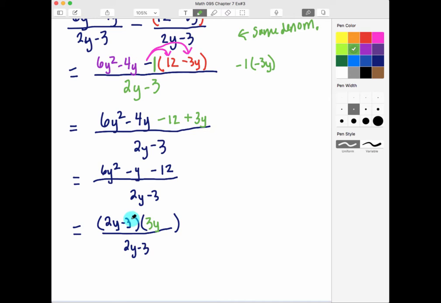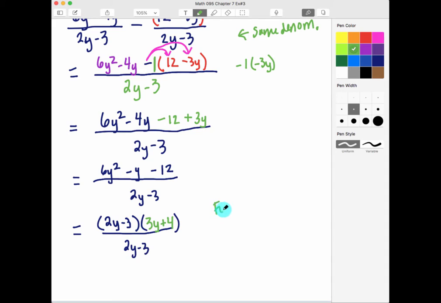If there's a negative 3 in this set of parentheses, how do we get to negative 12? Well, I multiply that by a positive 4. Now, if I didn't have this hunch already that there might be a 2y minus 3, I would just start guessing and checking. What two numbers multiply to be 6? What two numbers multiply to be 12? And start putting in numbers at the beginning and ends of the parentheses.